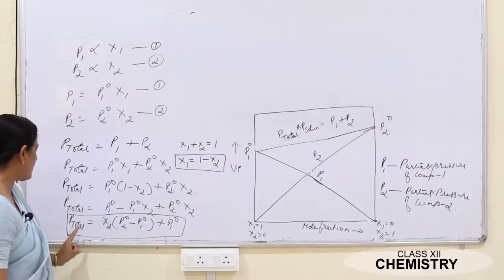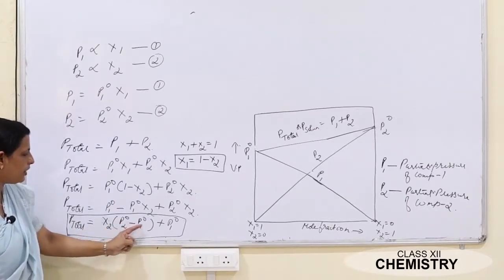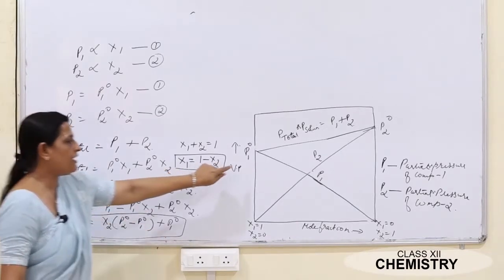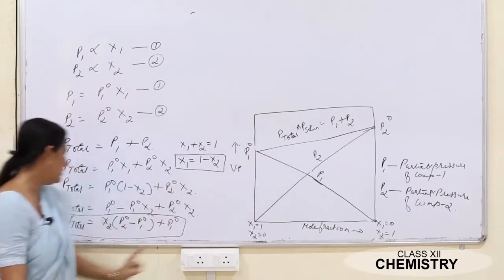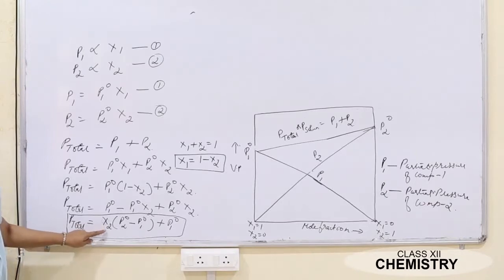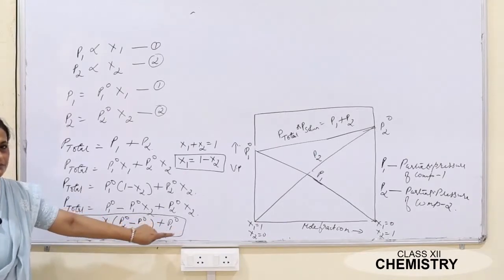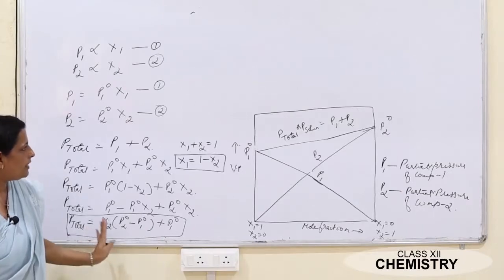So the equation has become P total is equal to x2 into P2 naught minus P1 naught, plus P1 naught. Suppose the vapor pressure of component 1 was greater than that of component 2, then the expression would have been what? P total is equal to x1 into P1 naught minus P2 naught, plus P2 naught. So this is the expression for total vapor pressure.